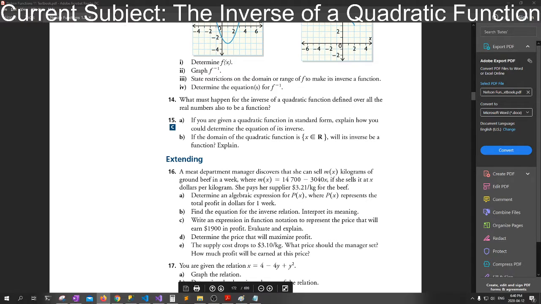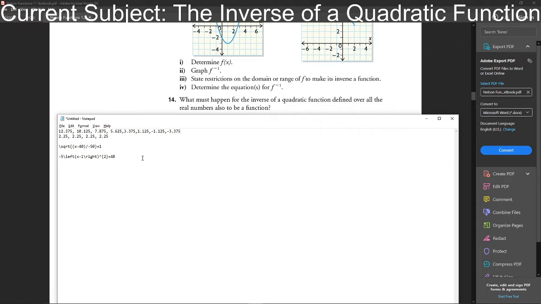You know what? We can test that theory. So let's pretend we have something really basic like x squared plus x plus 1, right? And this is what y equals.